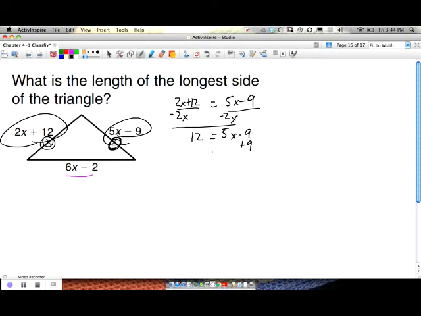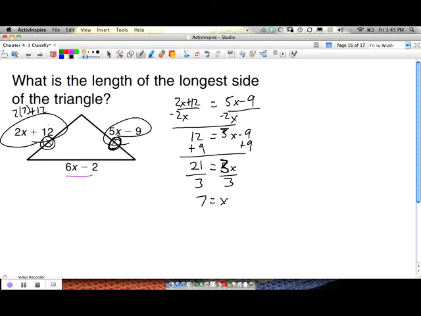Let's figure out how big these pieces are. This is going to be 2 times 7 plus 12. That's 14 plus 12. That's 26. That means this side is 26 as well. Let's look at the bottom one. 6 times 7 minus 2. That's 42 minus 2, or 40. That's definitely the longest side.